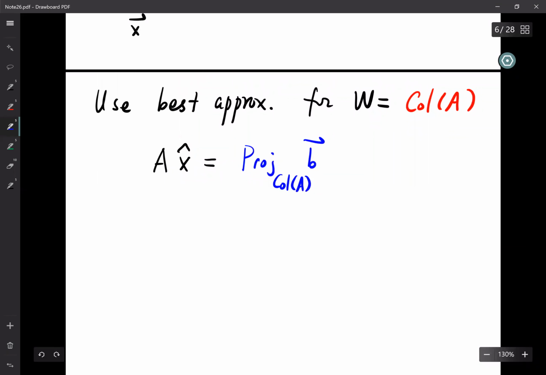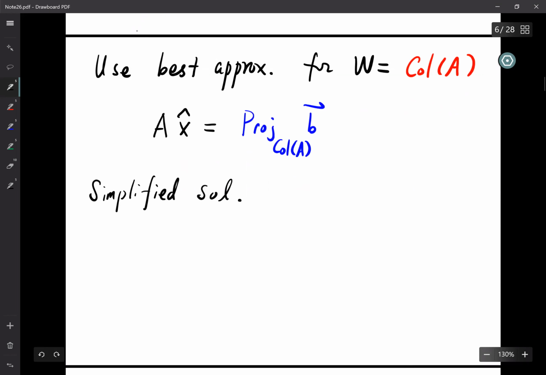Any other question? So let's say there is a simplified solution. The simplified solution is the following. Again, from the best approximation theorem, we find that b minus A x hat should belong to the column space of A perp.